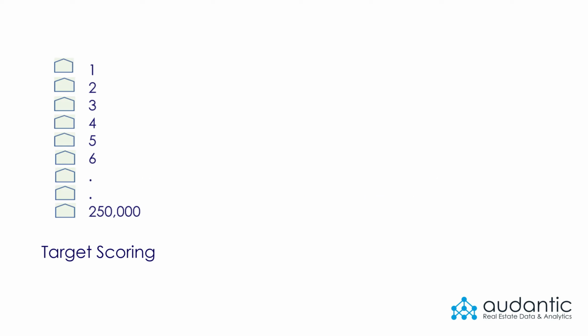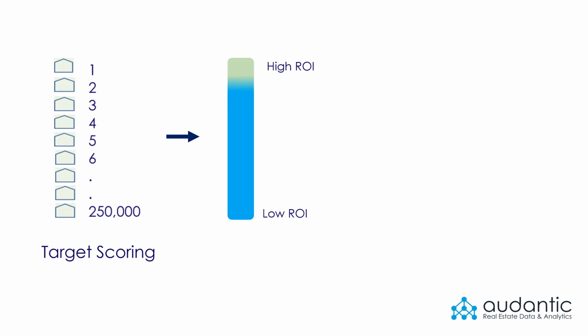So now we have our targeted scoring and we say, okay, everything has a score now. Now we need to trim it down. So we look at it from highest to lowest ROI, and we notice that the high ROI stuff is actually a very, very small percentage of the total population. This is obvious to investors, but I think it's important to say, look at this, it's a tiny little fraction.